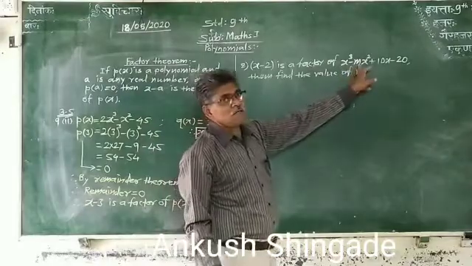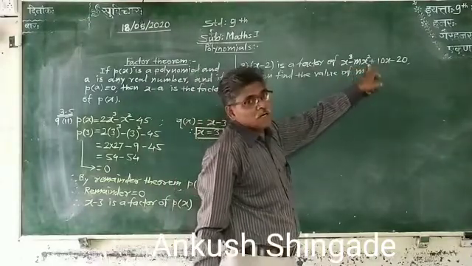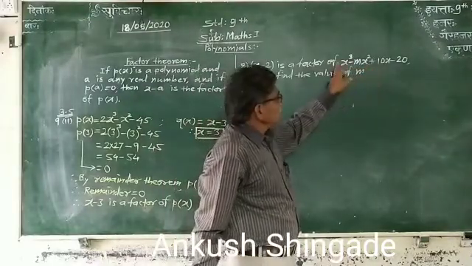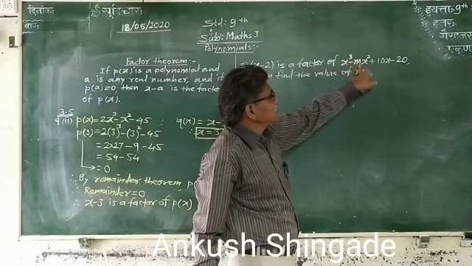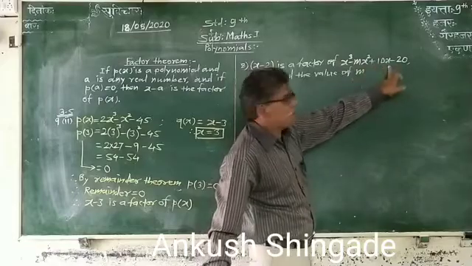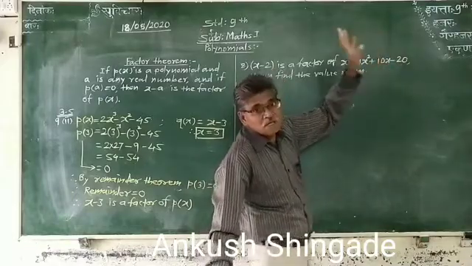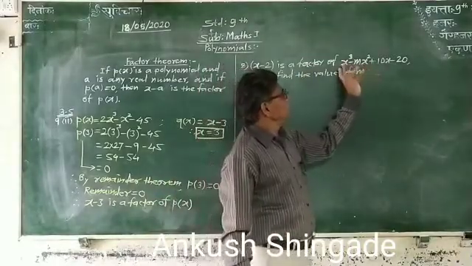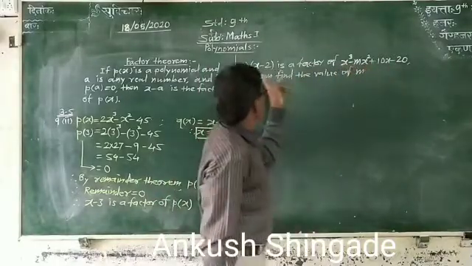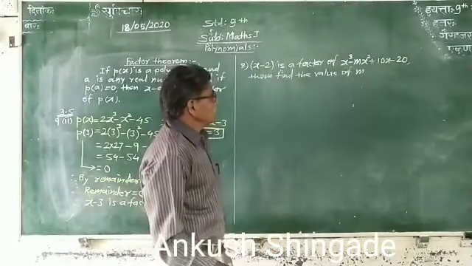Here m is the coefficient of quadratic term. Here this is the cubic term, 1 is the coefficient, here m is the coefficient, here 10 is the coefficient of linear term and minus 20 is the constant term. So this is the polynomial Px and this is Qx.